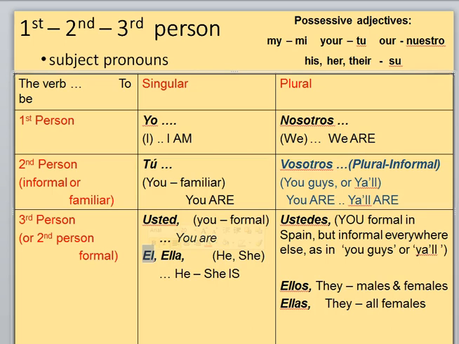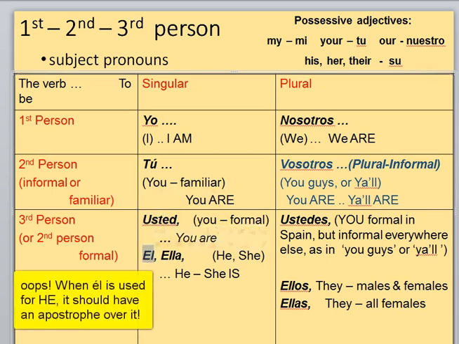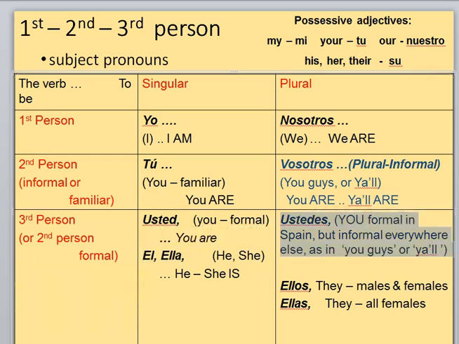Then there's usted, which is the formal you, él for he, ella for she, ustedes for y'all, you plural, and ustedes is both formal in Spain but informal and formal in Latin America. These are also our first, second, and third person positions. Now, if you need more help with first, second, and third person, look at my other video dedicated to this subject.